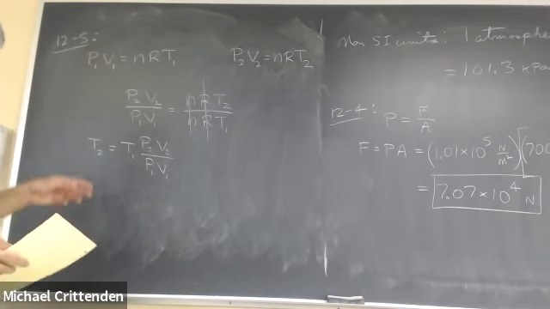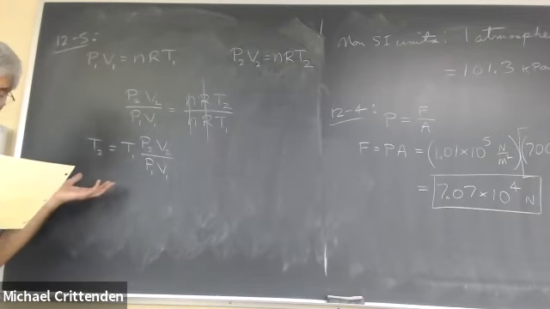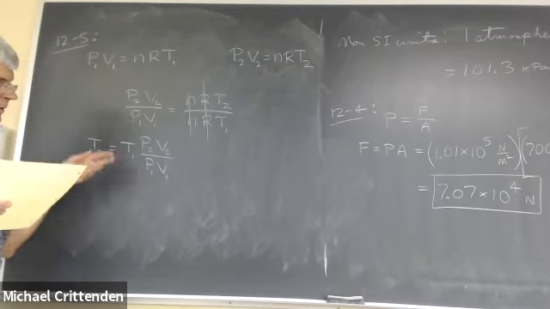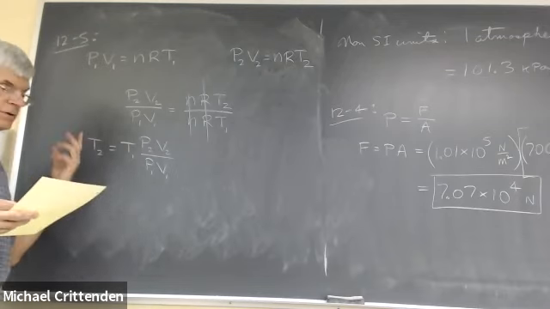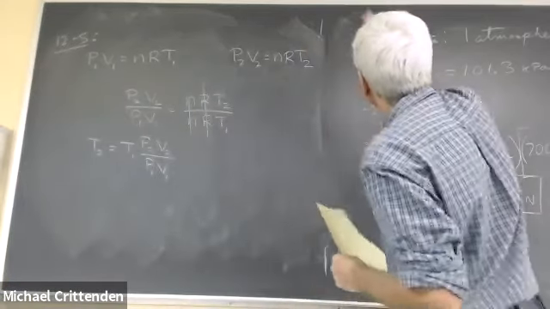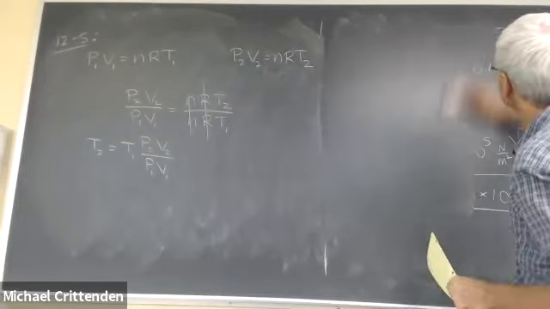Now, here's where people would go astray by doing things like sticking 20 degrees Celsius in for the original temperature and so on. We have to convert to absolute.